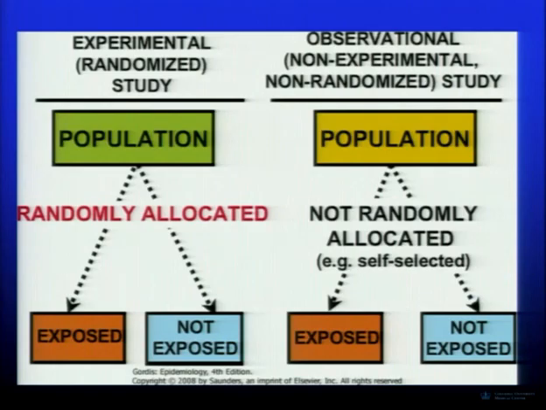Then the main difference between a randomized controlled trial and a cohort study is going to be what aspect? Right, the selection. Are they randomly allocated to it, or are they self-selecting the different behaviors or exposures? That's the biggest difference between those two.